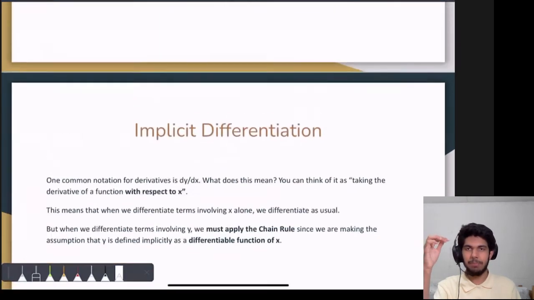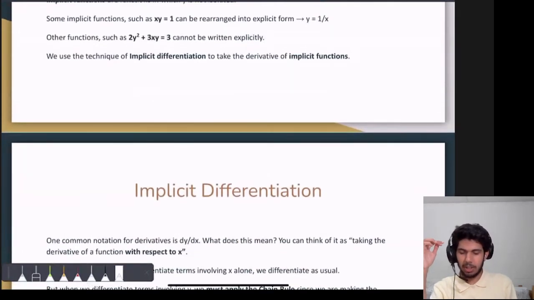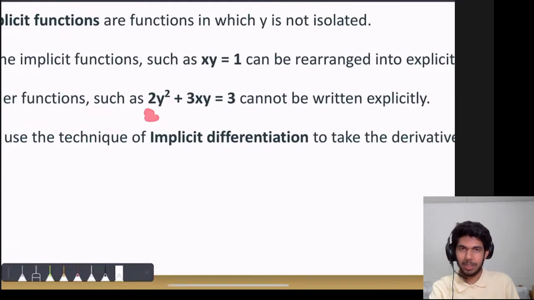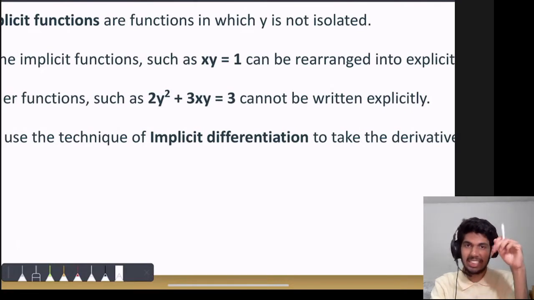So what does that mean? That means up here, when we take the derivative of this, we're going to use the chain rule. So in this case, 2y squared, we can think of the outside part as the squared part, and the inside as the y part.